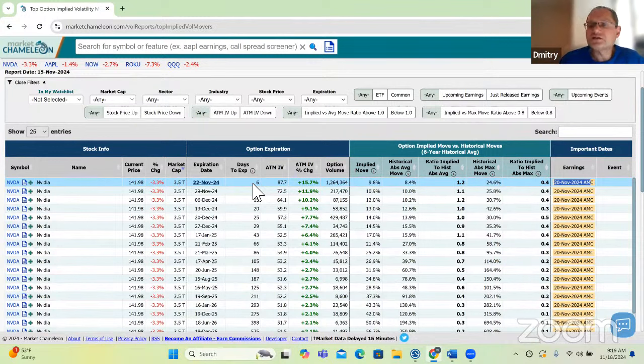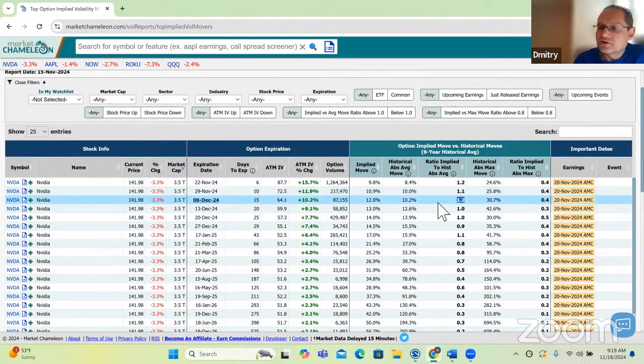So this is saying that in the last 6 years, if we looked at the historical moves over this amount of trading days with earnings coming up, this is the average move with the high move. So now we have these different ratios for that.